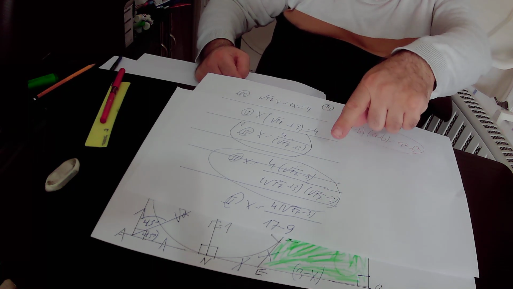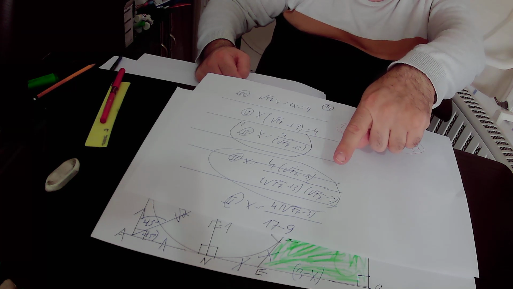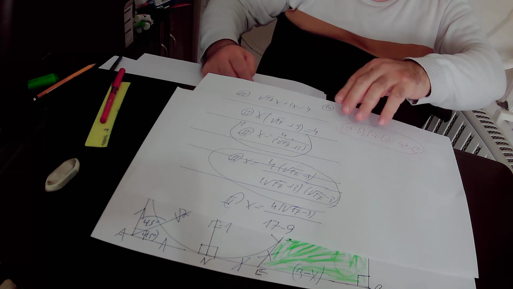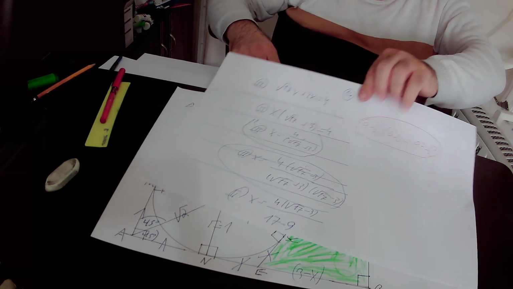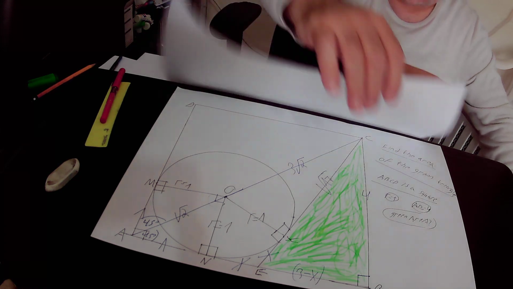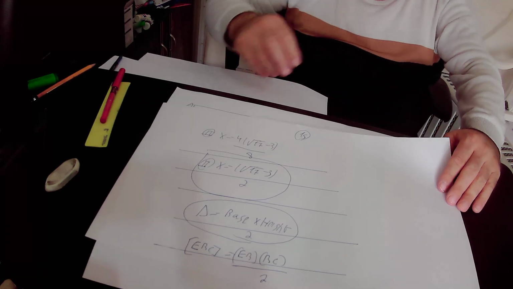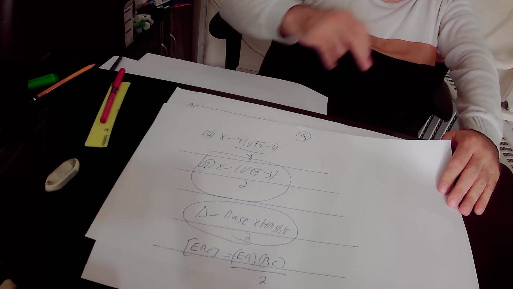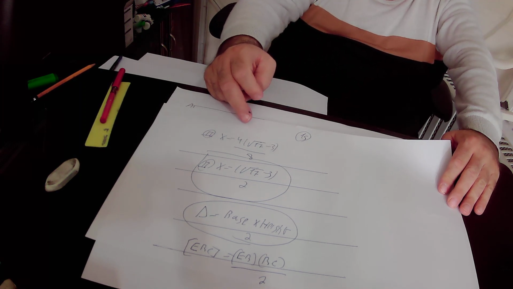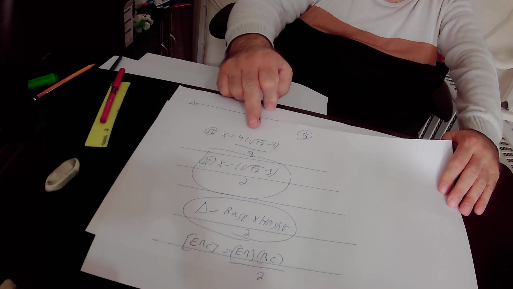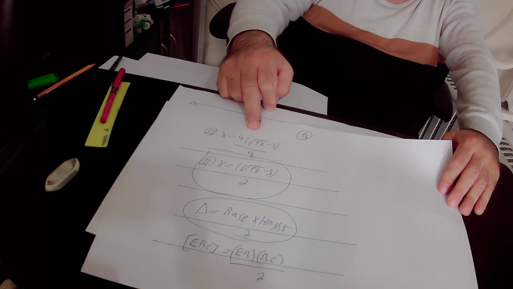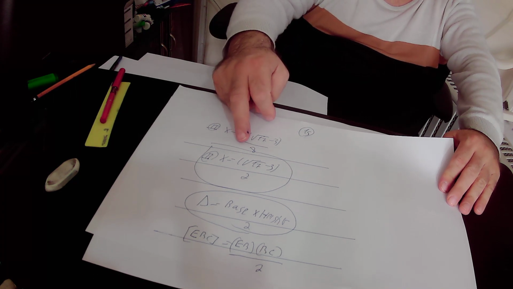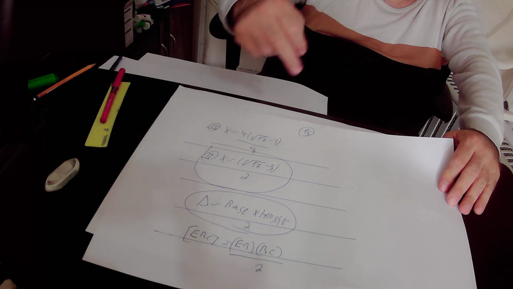So in conclusion, we got that x equals 4 times (square root of 17 minus 3) over 17 minus 9, which is 8. So x equals 4 times (square root of 17 minus 3) over 8. We divided by 4: 4 over 4 is 1, and 8 over 4 is 2. So x equals (square root of 17 minus 3) over 2.